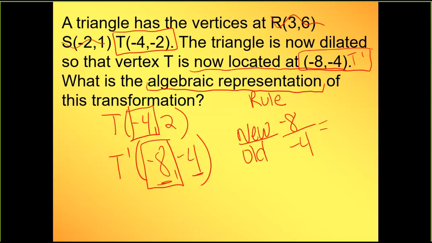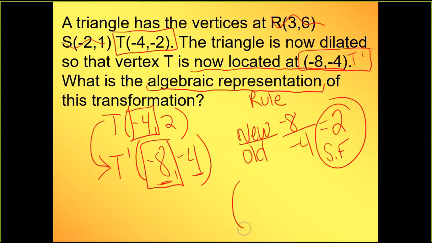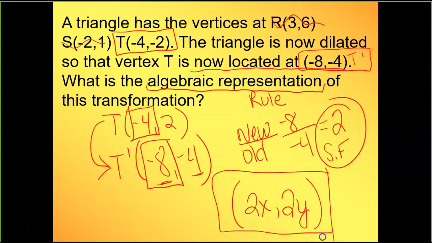So what is -8 divided by -4? +2. And remember, I'm going from old to new. Couldn't I say -4 times what gives me -8? The +2. Well, this is my scale factor. If my 2 is my scale factor, what is my rule? 2x, 2y. There is my final answer.